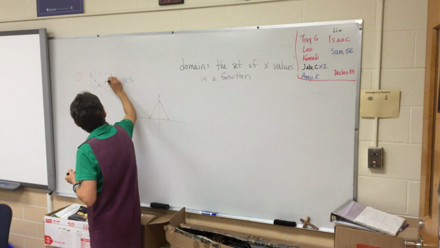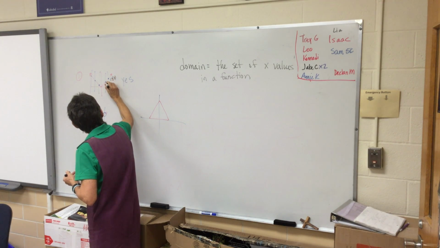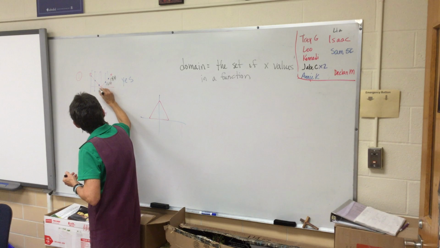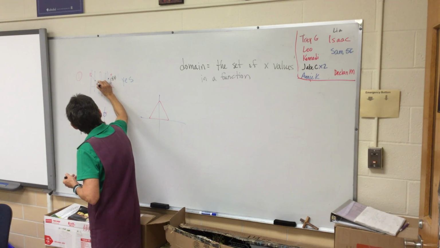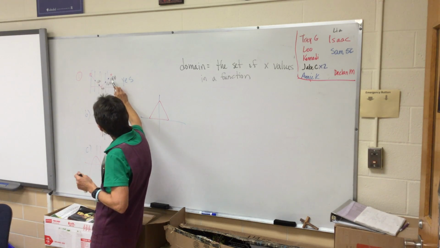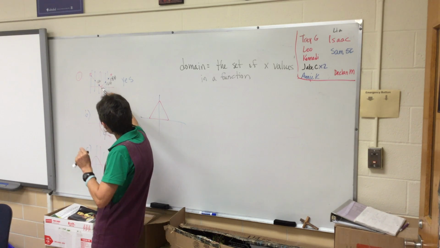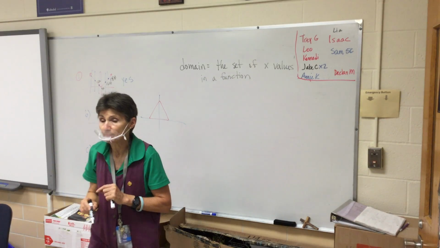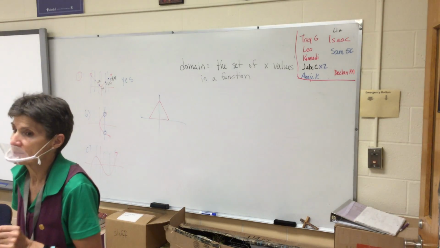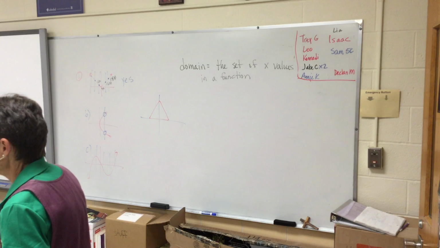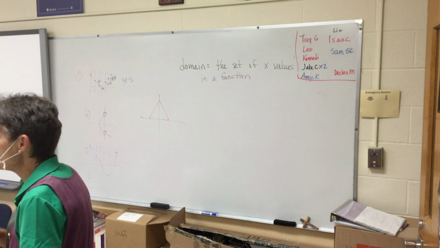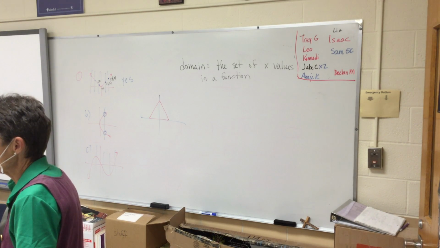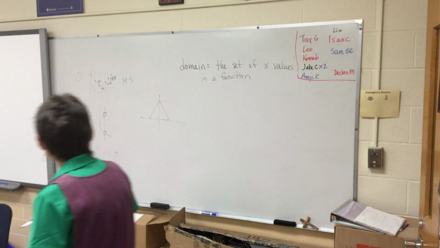So if this is the point 4, 3, and this is the point 1, 2, 0, 0, and negative 1, 2, and so on, the domain would be the 4, the 1, the 0, the negative 1, the x coordinates. Those are the domain. And the rule for functions is they can't repeat. So the domain is hugely important when you're dealing with functions.